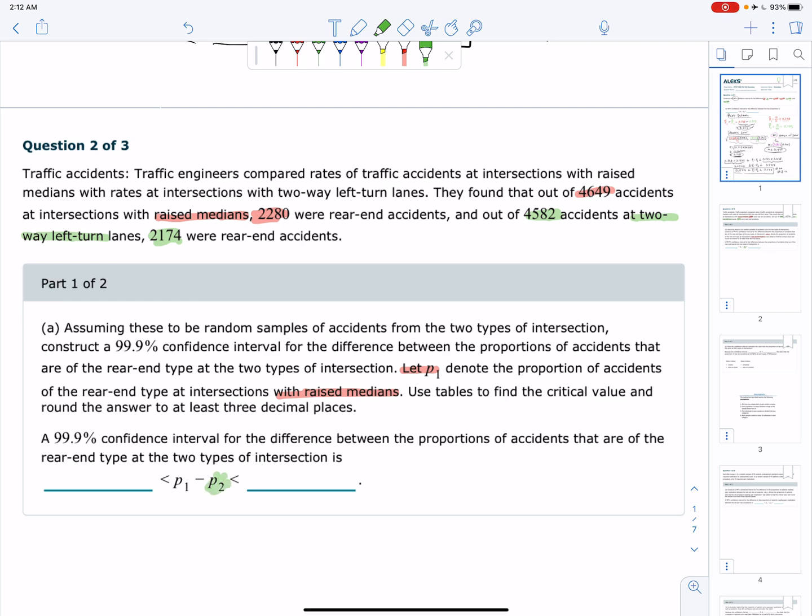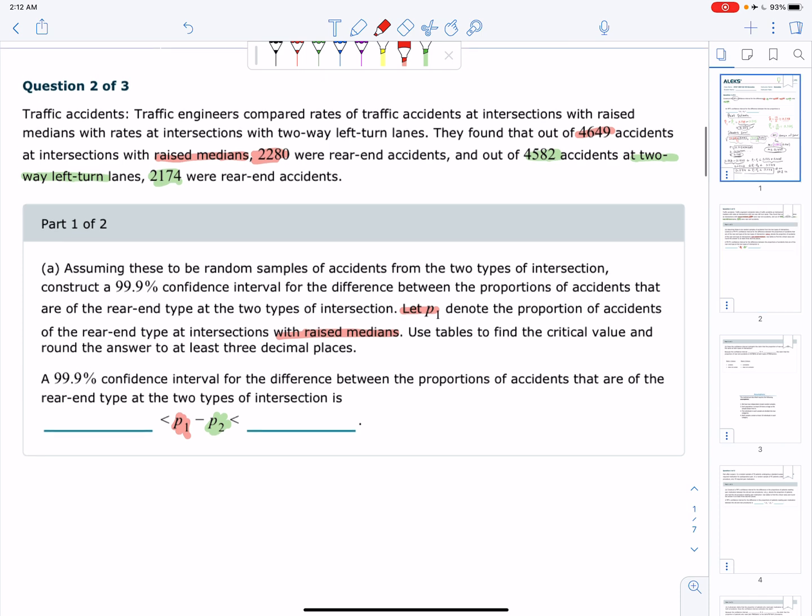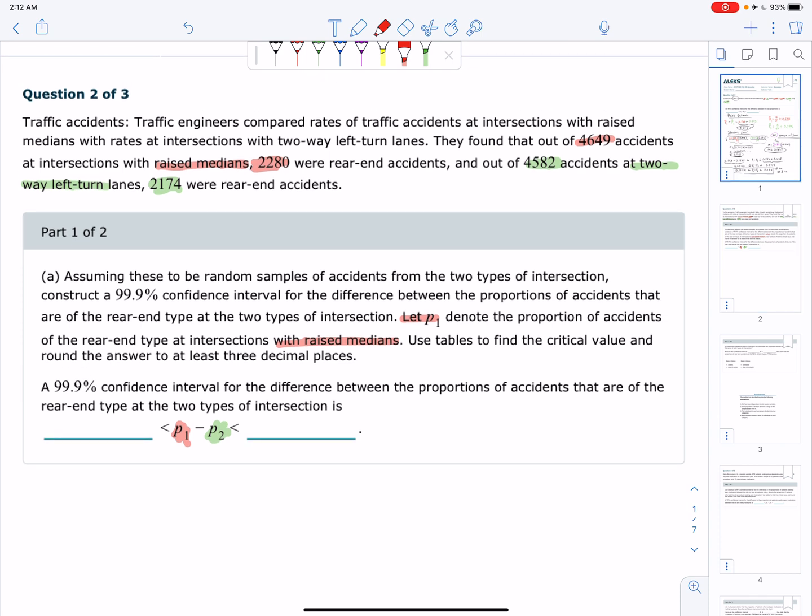Right, so the second population is green, and my first population proportion is red. So I need to get my sample data, and remember it says traffic engineers compared rates of traffic accidents at an intersection with raised medians. Okay, let's see, where am I gonna?